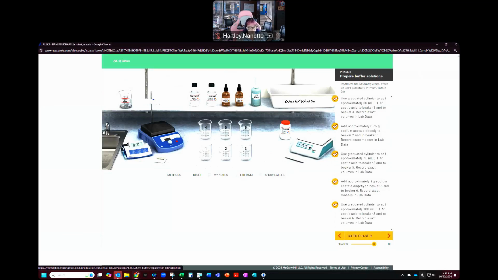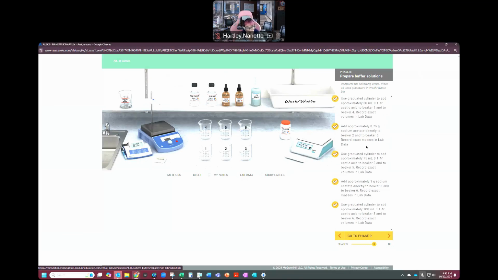So the first time you're going to do it with adding acetic acid, the second time you're going to do it with adding sodium acetate, and both setups are going to be done with 3 different amounts of sodium acetate and acetic acid, and they're again going to be asking which is the best setup for creating a buffer for those solutions.